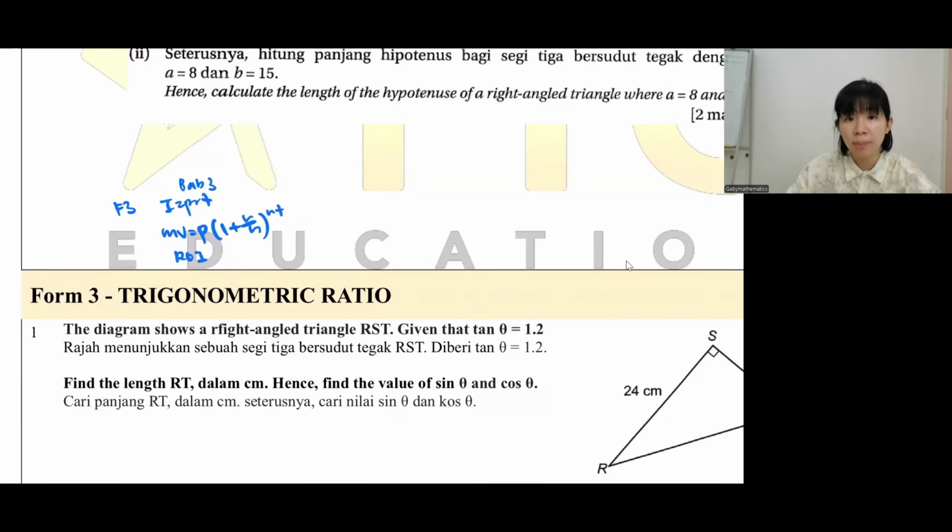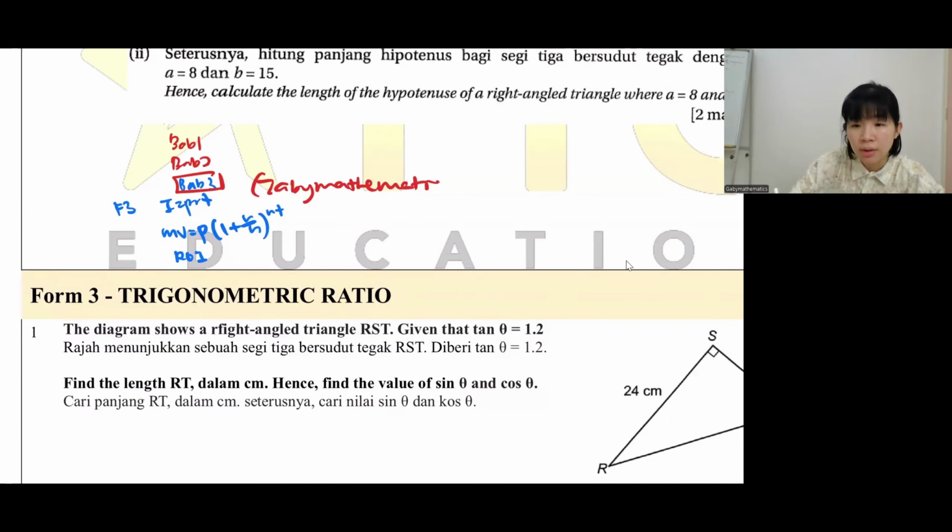It's important, it will come up in the exam, because in the Form 3 student seminar, I actually revised Bab 3, Bab 2, and also Bab 1. And I already posted it on YouTube, so you can watch it so that we save time. Since that video is already recorded, you all can watch it. It's on the Gabymathematics YouTube channel.